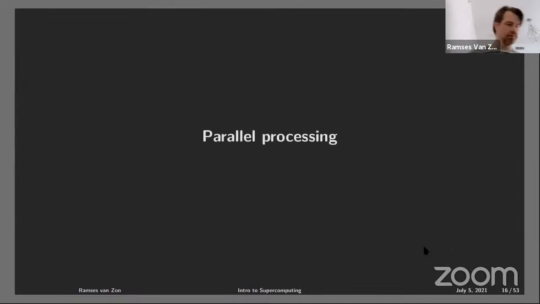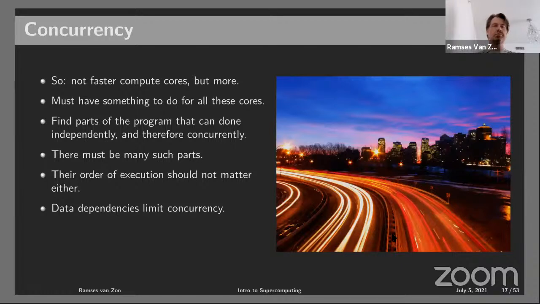Keep an eye on the time here. So let's talk about parallel processing a little bit, because as I said, that's what we will have to do. The point here is not that things are going faster. We have more cores. We have to give them all something to do. So think of a multi-lane highway, except in this case, we want all these fast-looking cars here to work together on something.